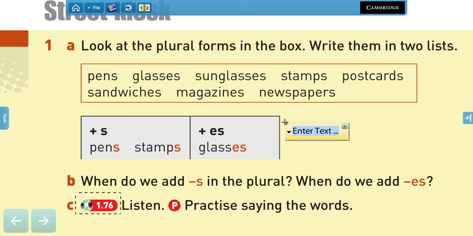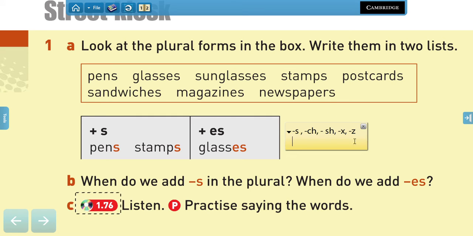But for words ending in s or ch or sh or x or z, we are going to add an es at the end, right?